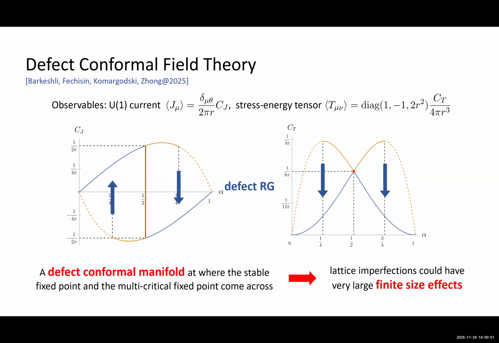It could happen for the specific numbers you had in mind, and then, depending on how close you get to 1/2, you would end up with an extremely large finite size effect due to this close to marginal parameter you had in your theory. And at alpha equal to 1/2, that's exactly where the thing got out of control. Now you have the exact marginal parameter. Okay.